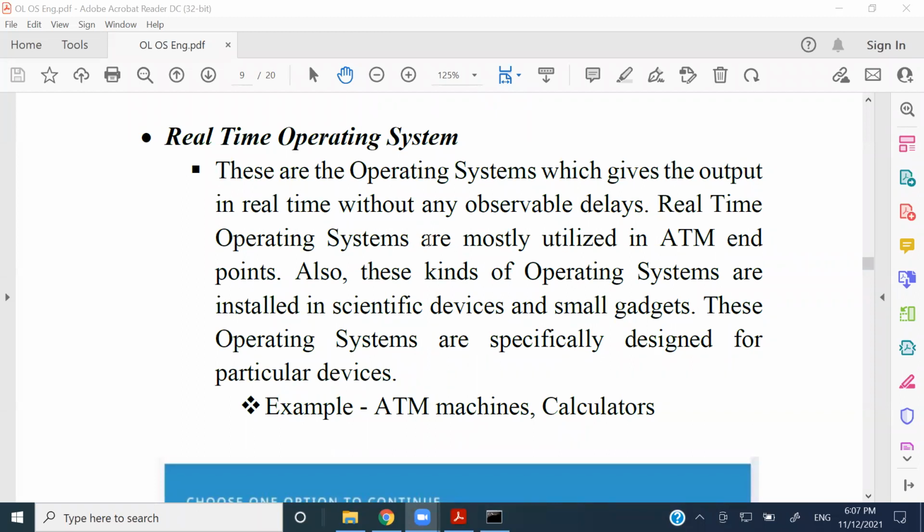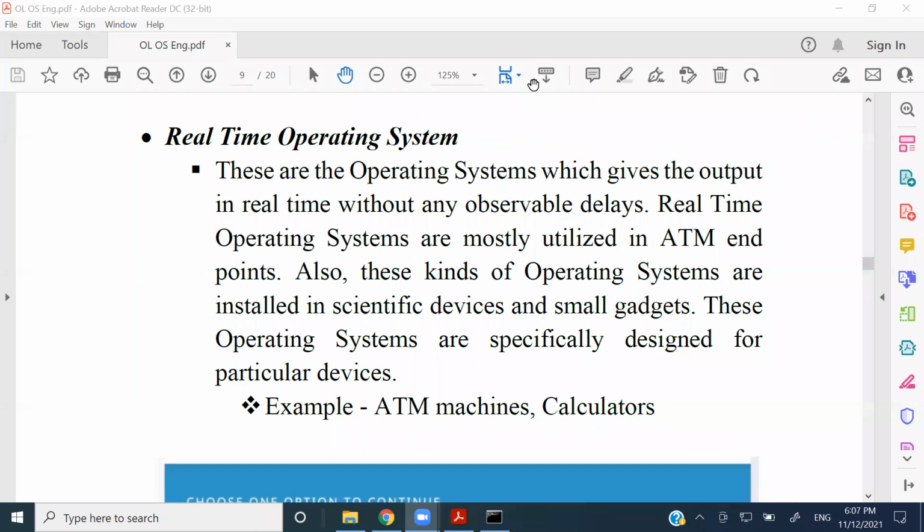As an example, if I ask it to start the Word program, it will take some time to open that. Maybe it is 1 or 2 seconds, but it is a considerable amount of delay. But when it comes to the real-time operating system, it is instantly executing and instantly outputting things according to the user requirement, right? So these are some specific operating systems.